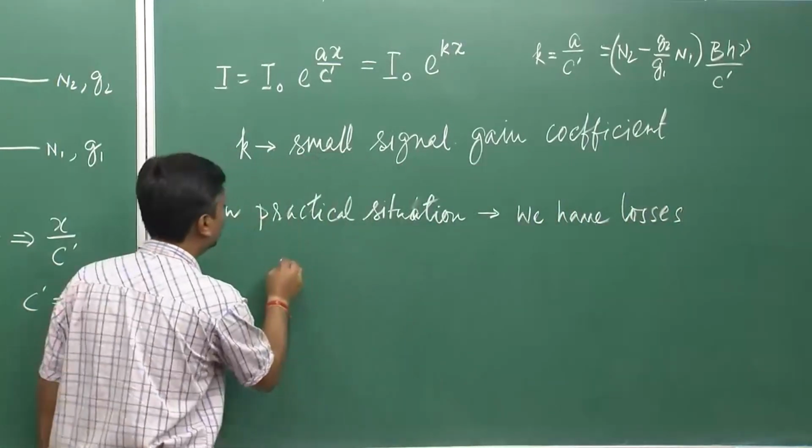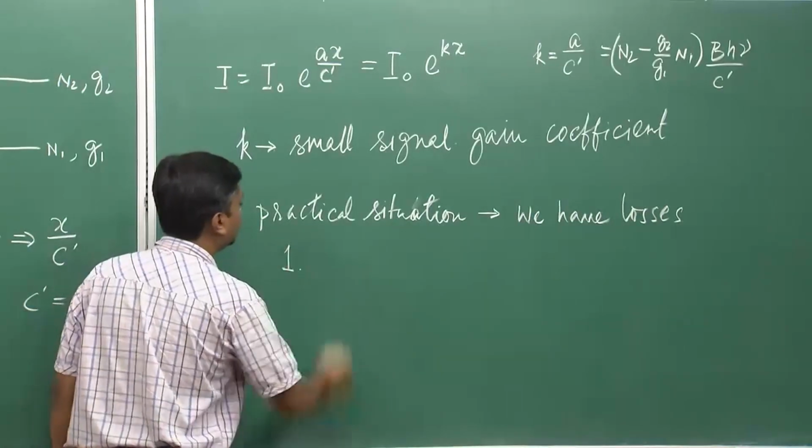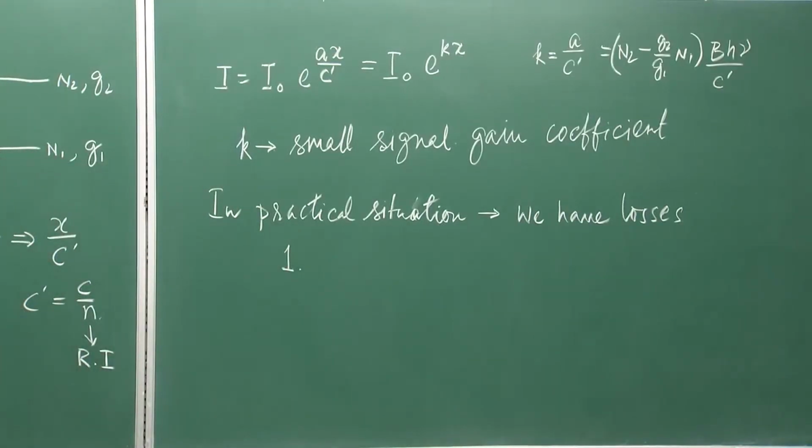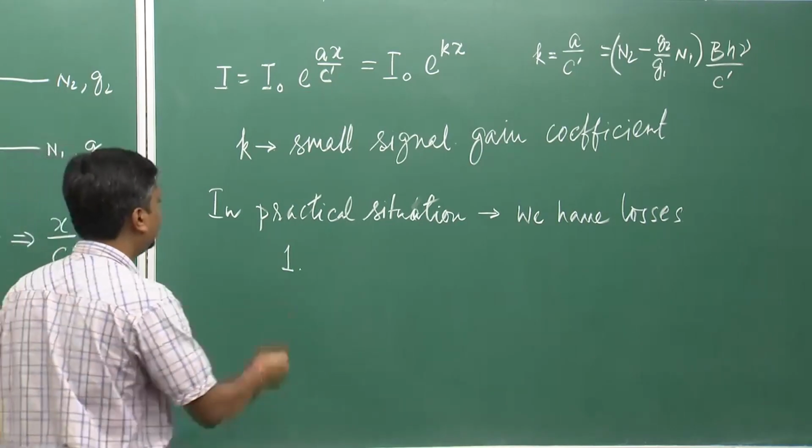What are they? One comes from the error in the reflectivity.